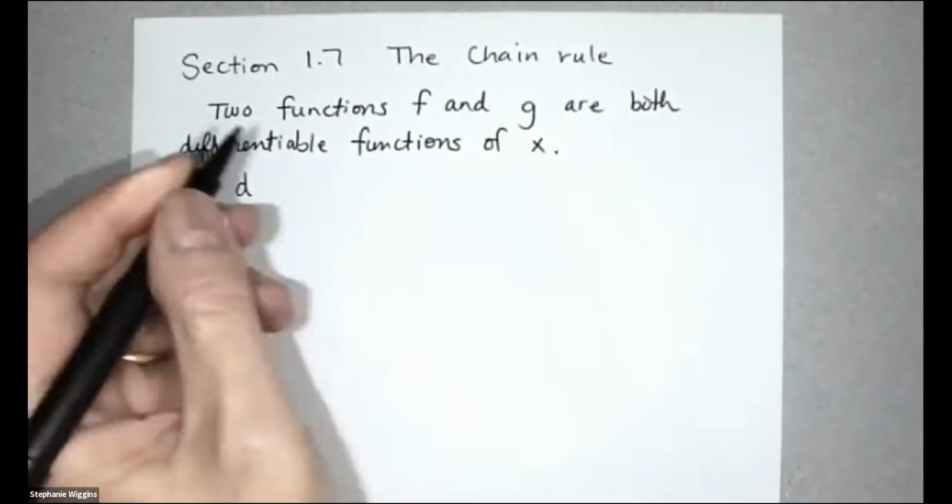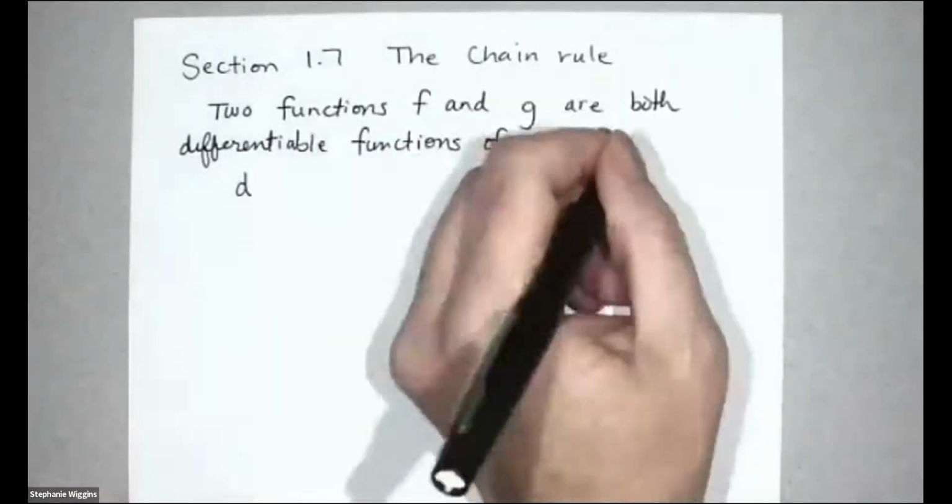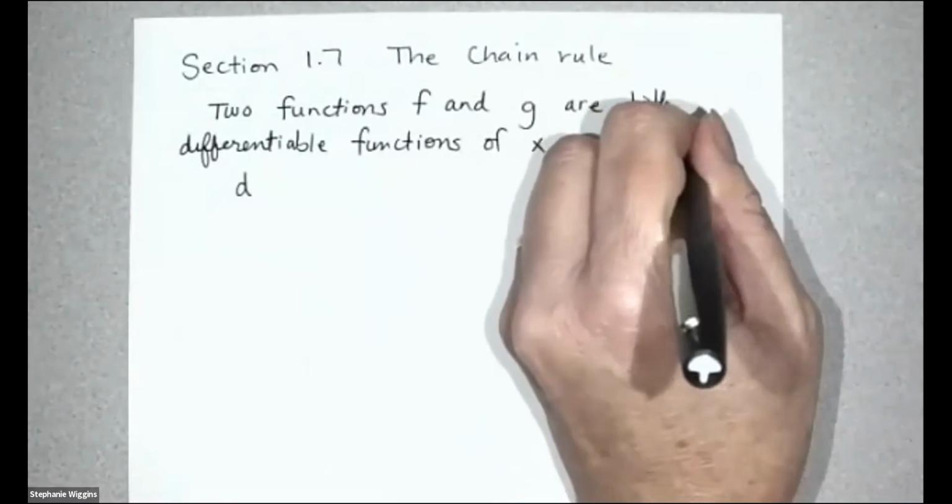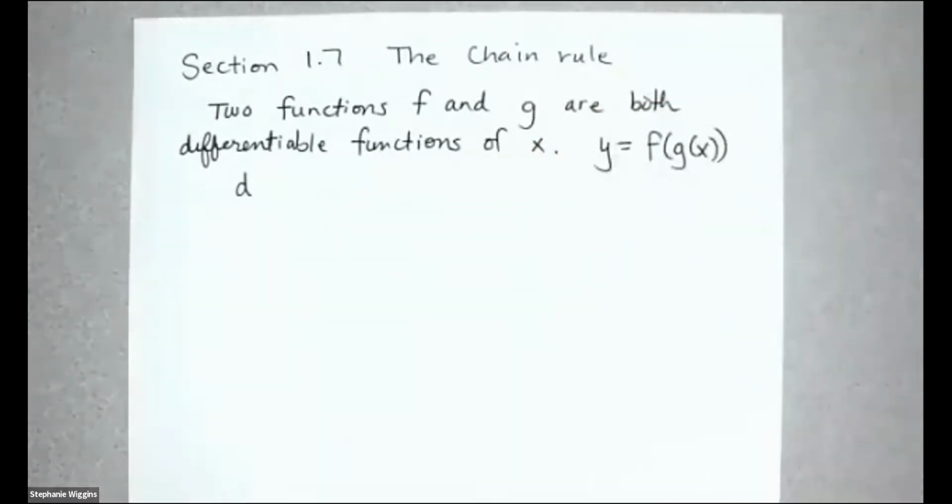So y is defined to be the composition of f of g of x. That just means the input of f is the output of g.